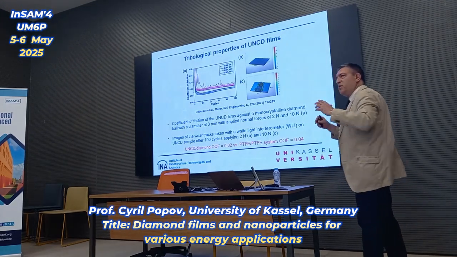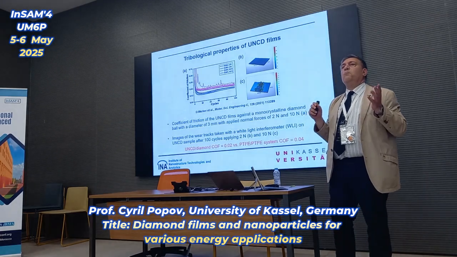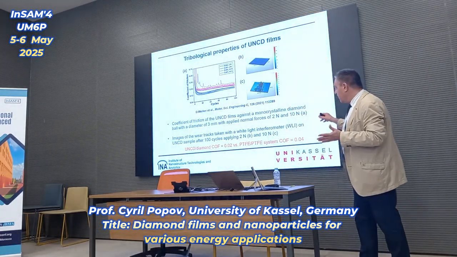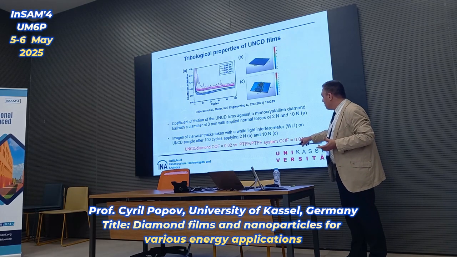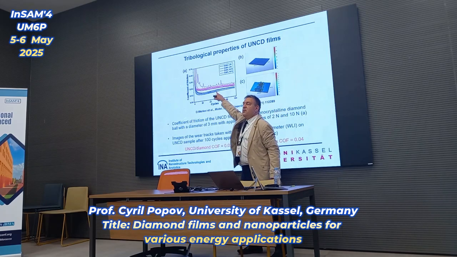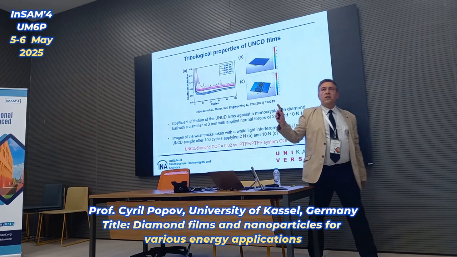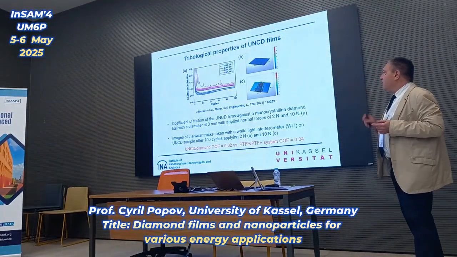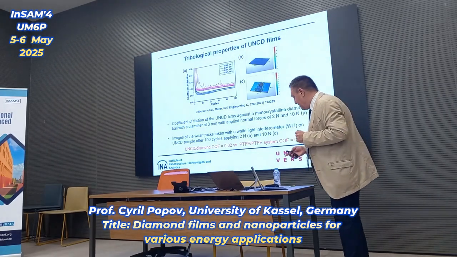However, when you speak about frictionless systems, people say Teflon against Teflon. Teflon against Teflon has friction coefficient of 0.04. Diamond against diamond is 0.02. So it is approaching frictionless surfaces. So I think I convince you that they can be used as lubricants.